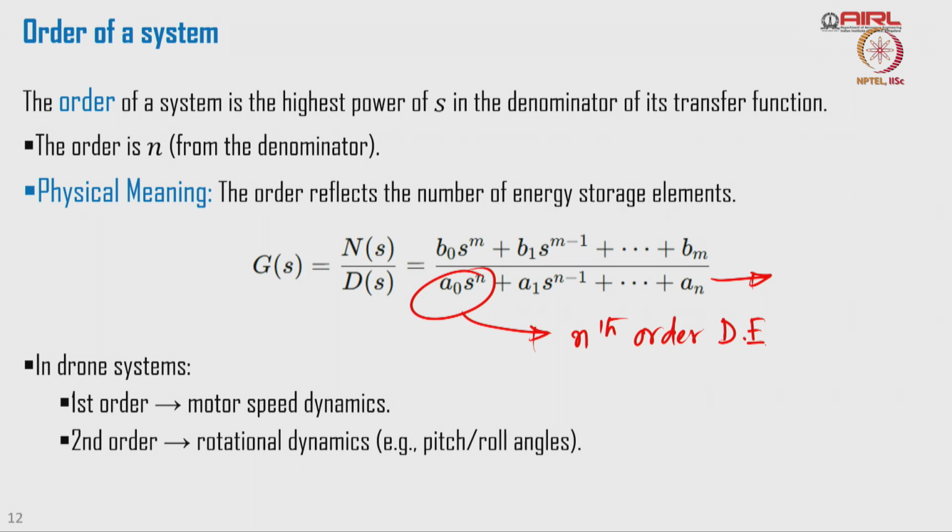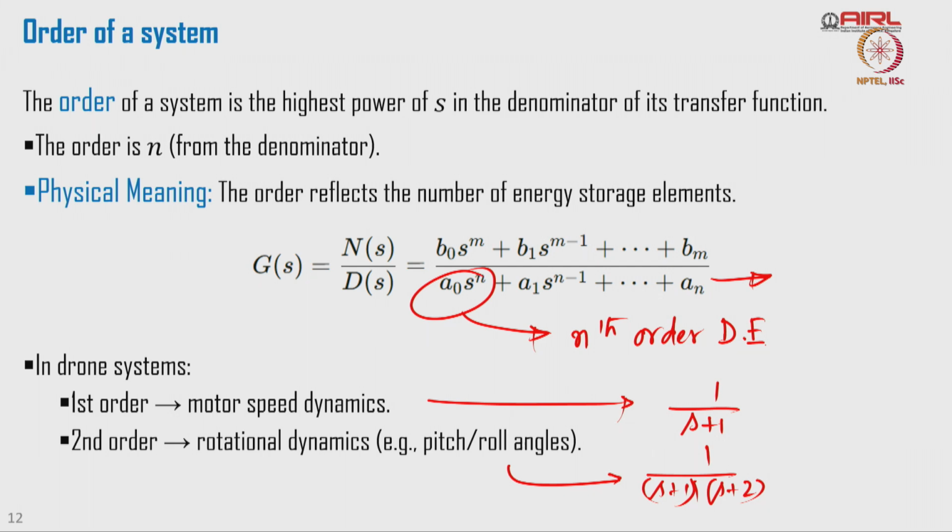Now, if we have a system like this, then we can say that it is a first order system, right. If we have a system like this, then we say that it is a second order system.